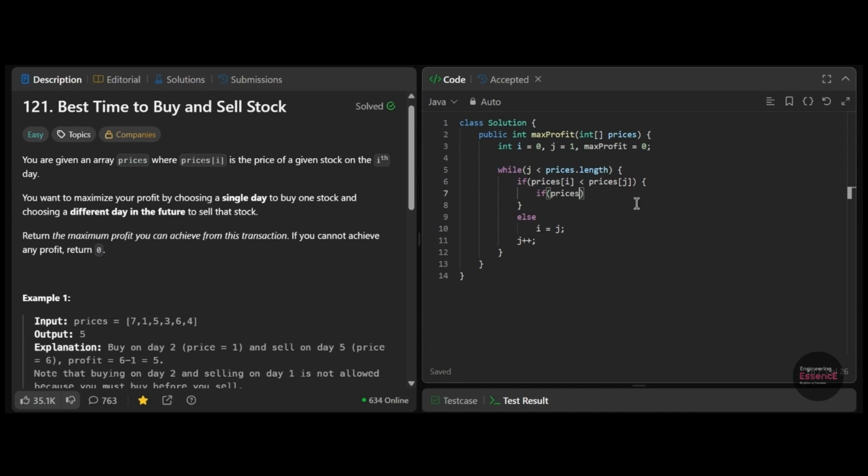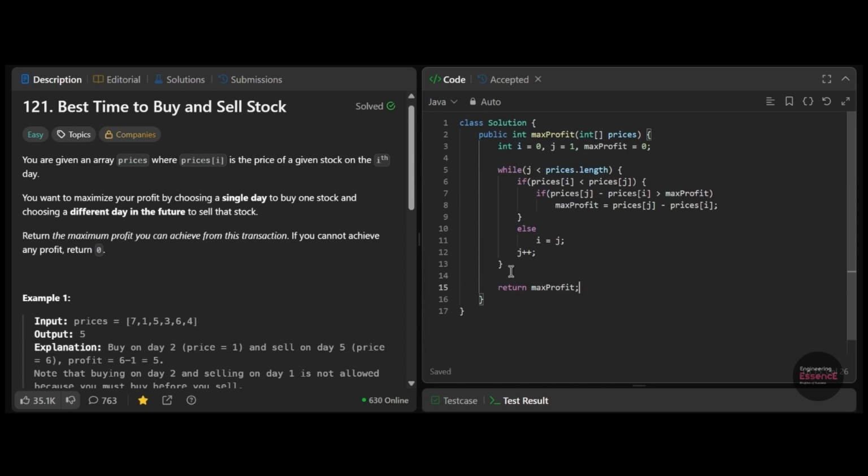So prices[j] minus prices[i], the difference of these two, if it is greater than max profit, only then we will update the max profit value. Otherwise, we will not update it. So max profit ensures that we always get the maximum profit. Otherwise, this is the solution, and we need to return the answer here. Return profit.